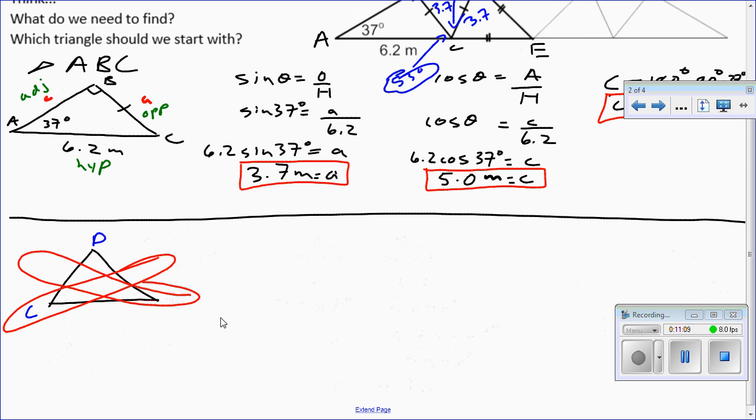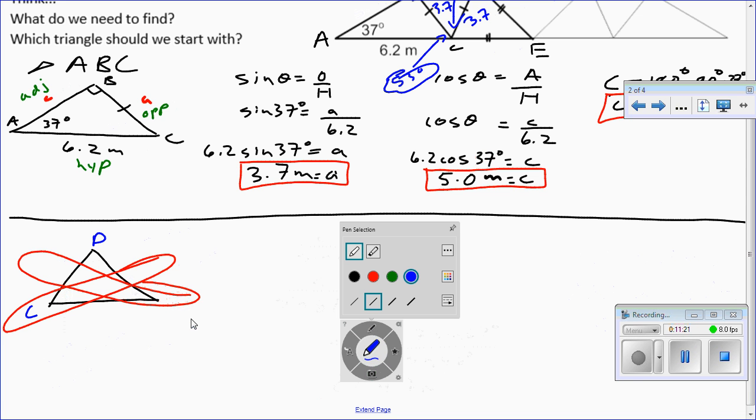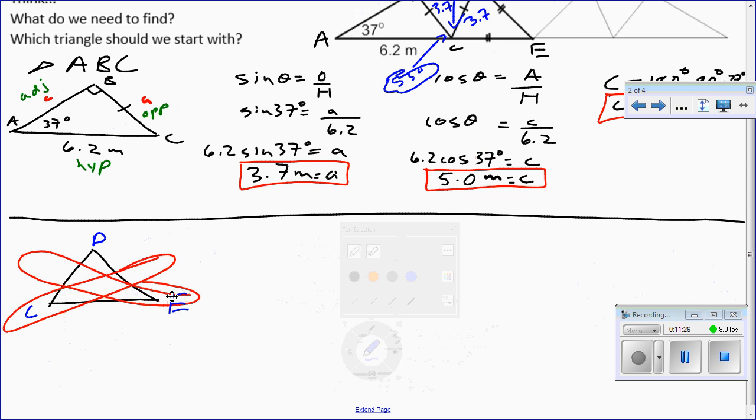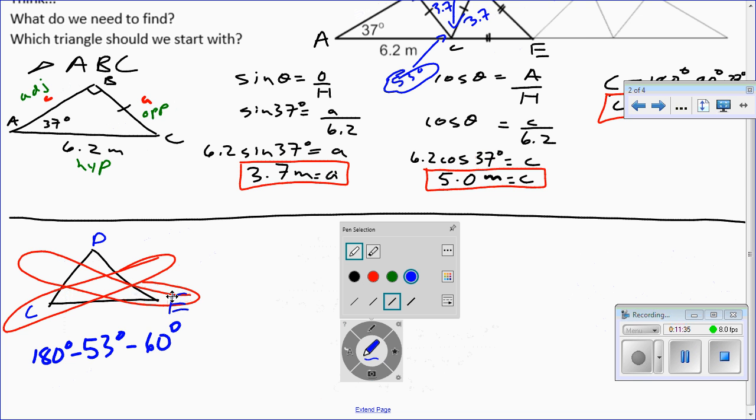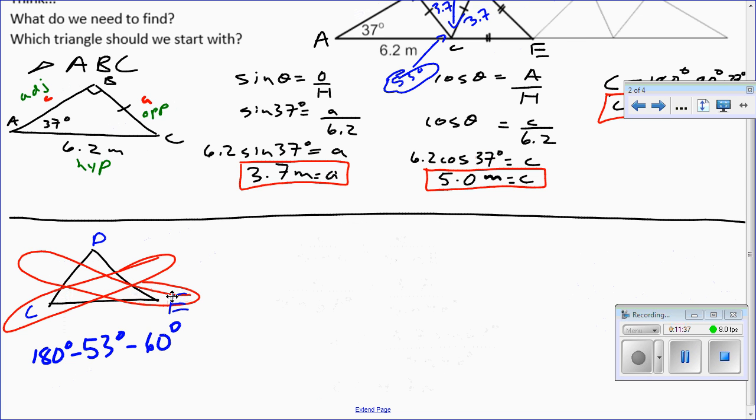And the only way we could do that is by finding this last little bit for angle C. Based on what we have there, we're going to use 180 minus 53 degrees minus 60 degrees to find our angle of 67 degrees right where angle DCE is.